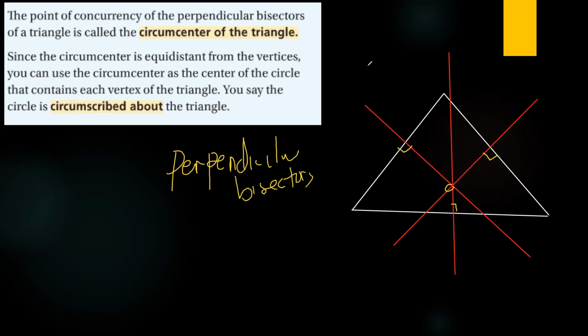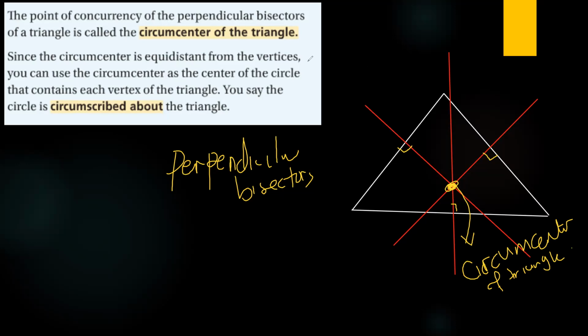And the point of concurrency where the perpendicular bisectors join, we call the circumcenter of the triangle.